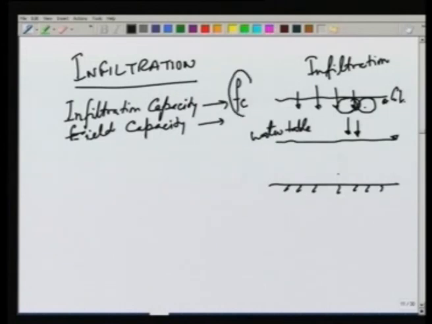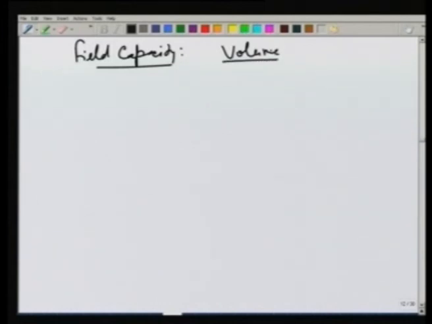So, Fc is a rate, which is typically millimeter per hour, and field capacity is the volume which the soil can hold before allowing it to go deeper. So, this can very simply be thought of as the volume holding capacity of soil.